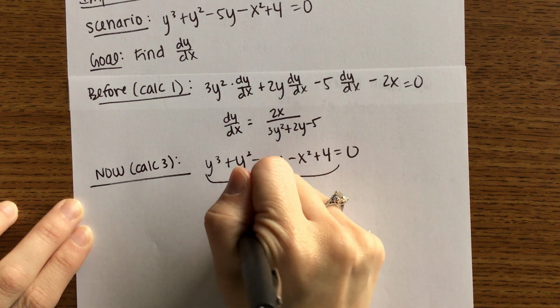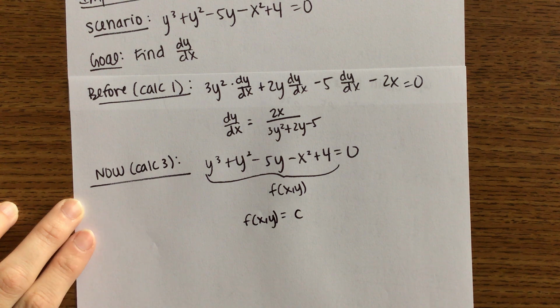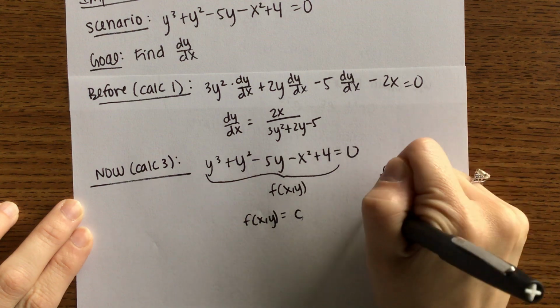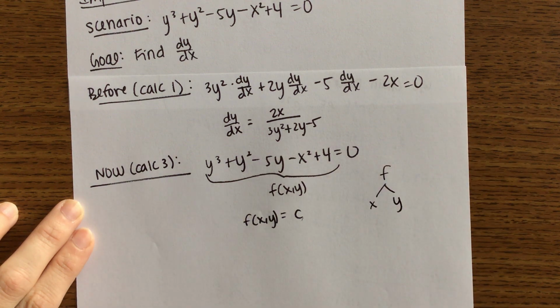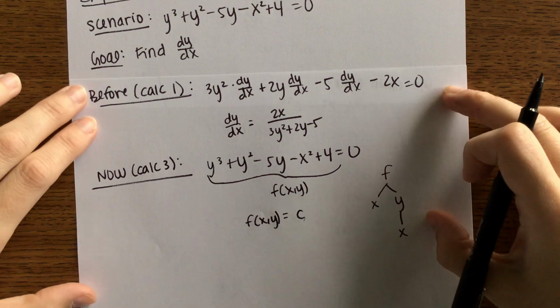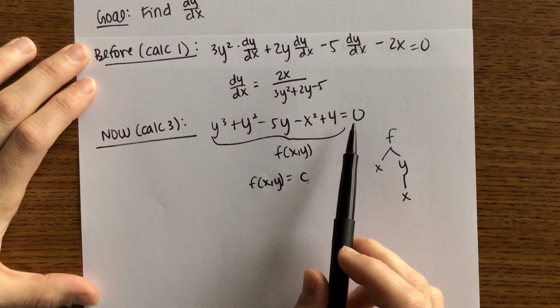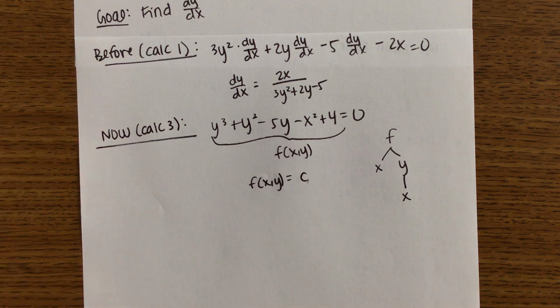And then we're going to say that f of x,y is equal to some value of c. So in this case, c is 0. Okay, f then is defined by 2 variables, x and y. X, we're going to call the independent variable. Y then, we're going to say is dependent on x. And that's the case because all this is set equal to 0, so they can't both be independent.